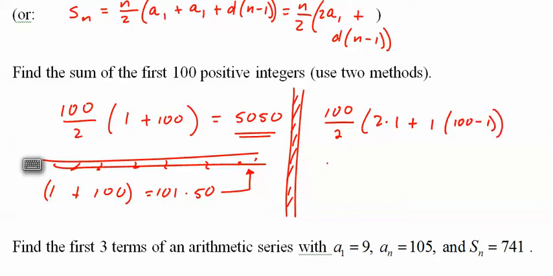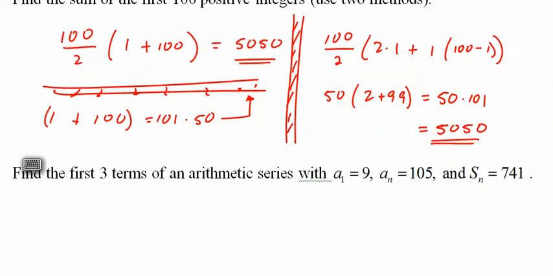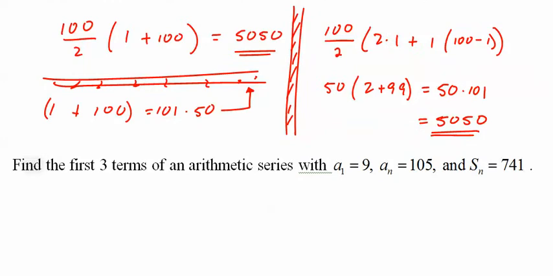You're probably thinking, why would anybody ever do it this way? I say, you never know. 2 plus 99. 50 times 101. Again, 5,050. But just 2 different ways to do it.